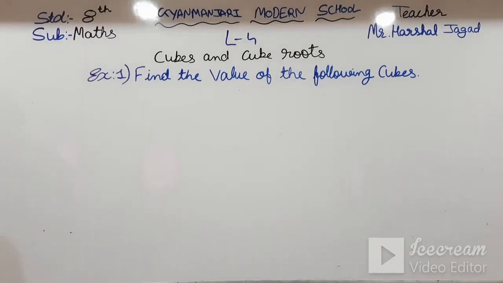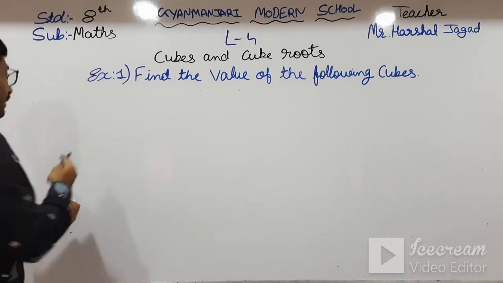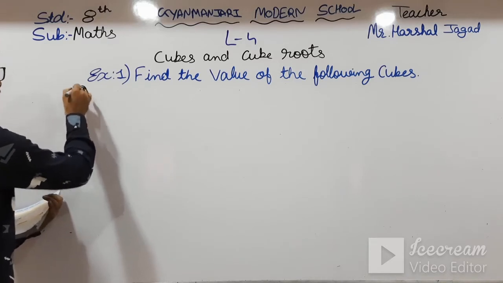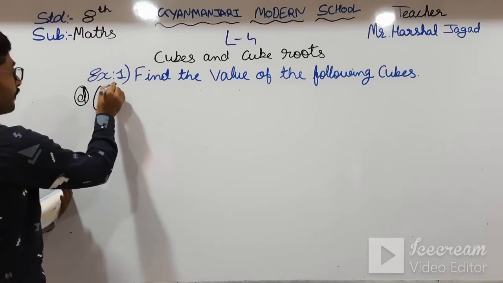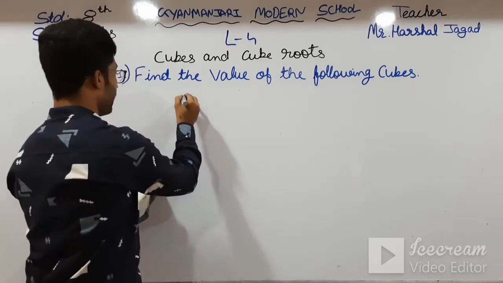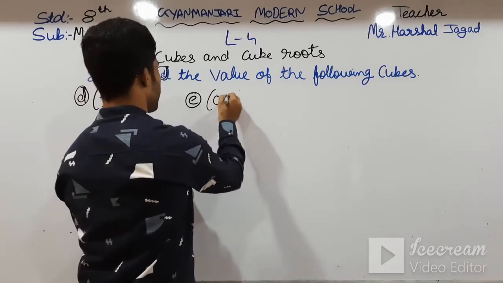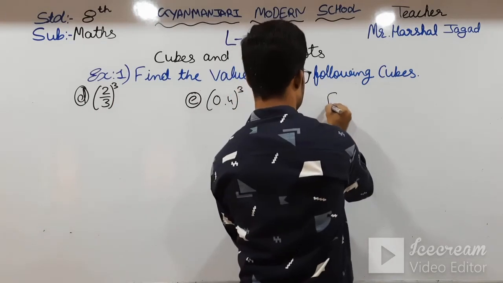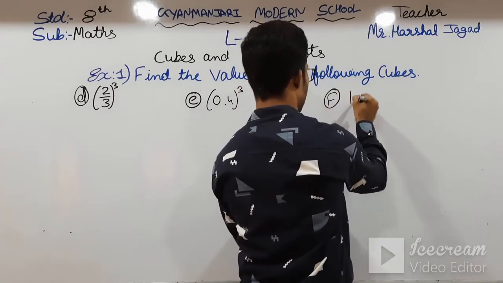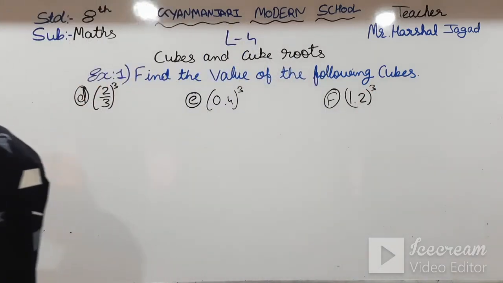Next, examples D, that is 2 by 3 cube, then E, 0.4 cube, F, 1.2 cube. Okay students, now we will do this sum.